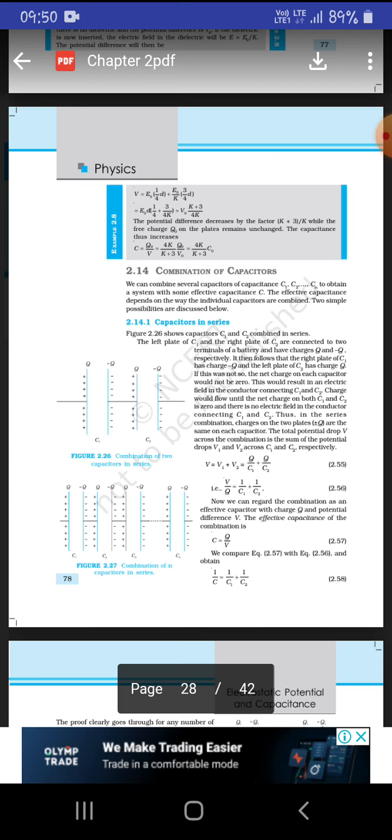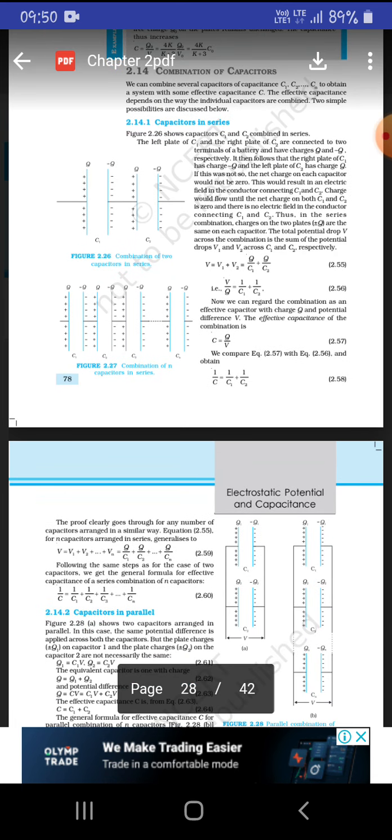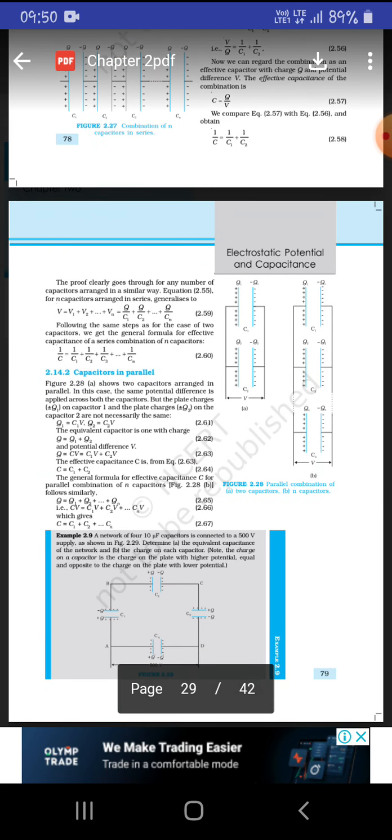N means any number of capacitors there may be. V1 plus V2 is equal to Q by C1 plus Q by C2. When we solve this, we get 1 by C is equal to 1 by C1 plus 1 by C2, and it goes on like that for as many capacitors as there are.